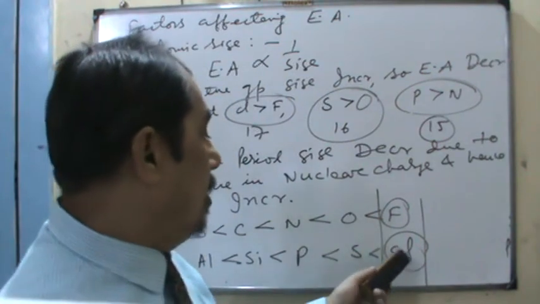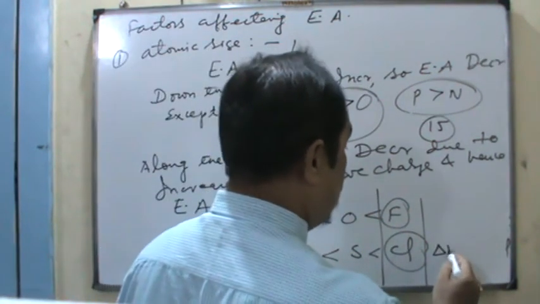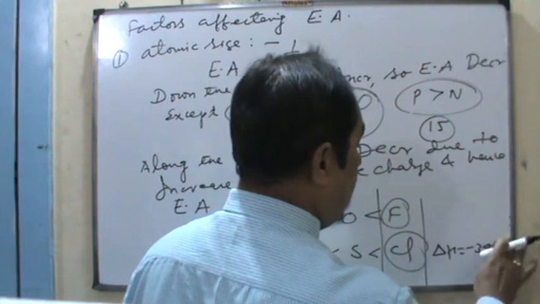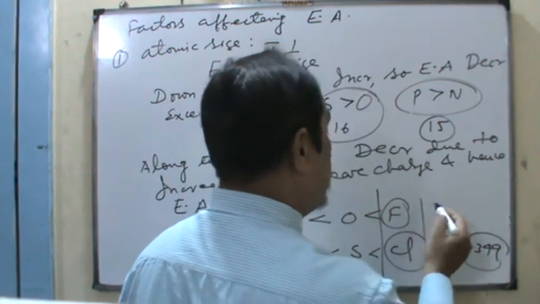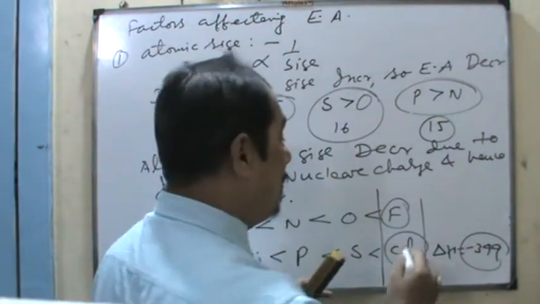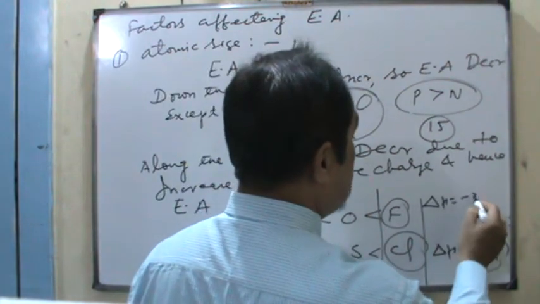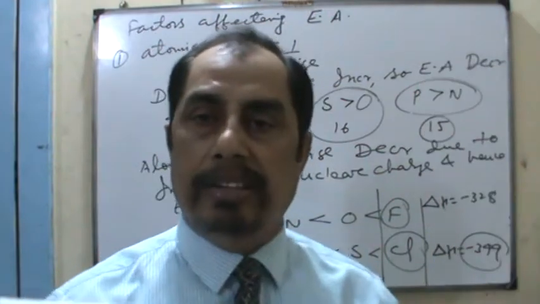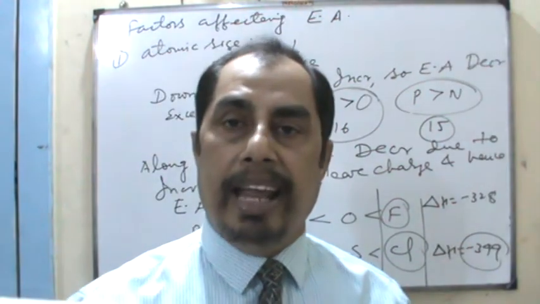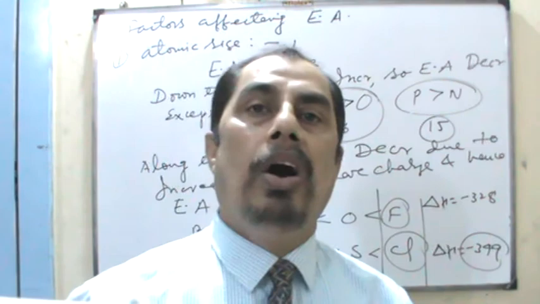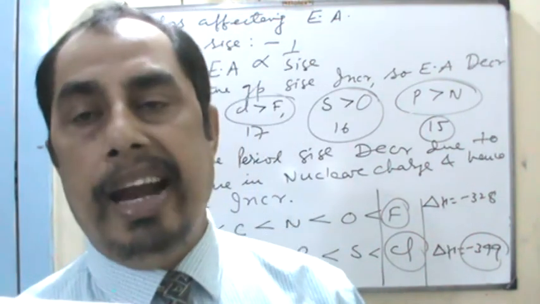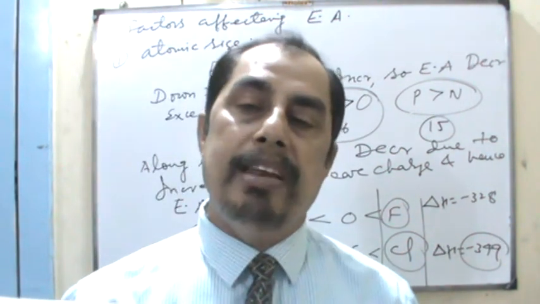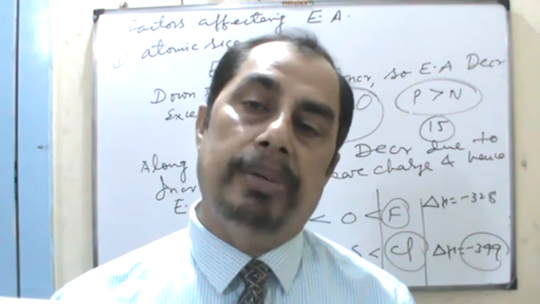That is why its value is delta H minus 349 kilojoule per mole, but for fluorine delta H is equal to minus 328 kilojoule per mole. Down the group there is some change, like fluorine, chlorine, like oxygen, sulfur, like nitrogen and phosphorus. Take group 15, group 16 and group 17 in mind.